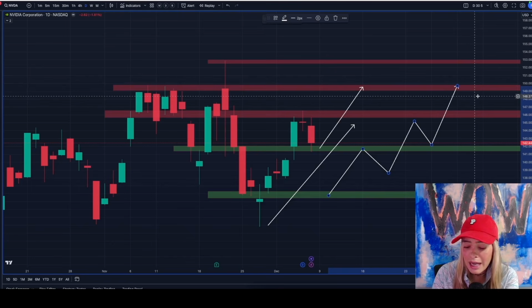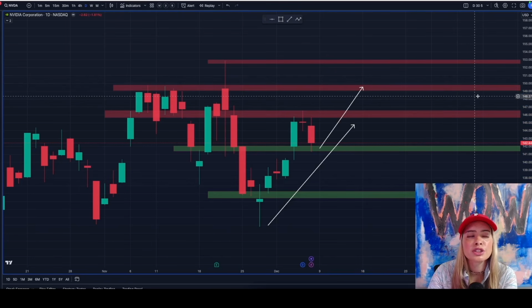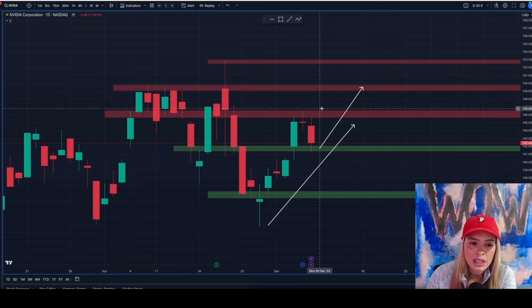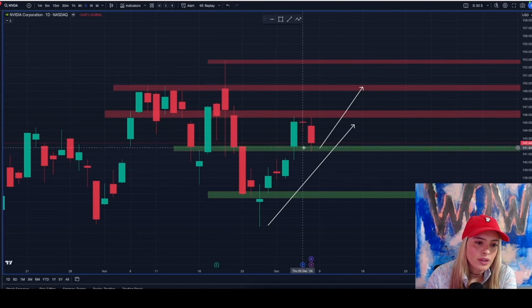I don't know what's gonna happen. Remember, we cannot trade based on what we think might happen. We need to trade based on the reaction that I see into the levels. So my first reaction will be, if I see Nvidia holding this support, I'll be entering here and looking for a move to, first of all, this high, and then if this rejection point acts as support, I'm gonna keep holding.